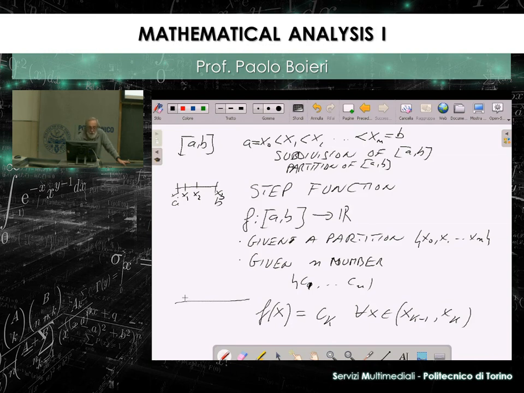I have the first point A, the point B. A partition is x0, for instance, x1, x2, and x3, that is B. In my example, n is 3, so I need c1, c2, c3.